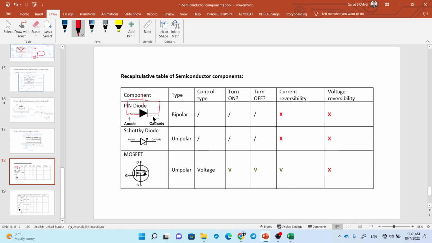Because it's just a normal conductor, assumably zero resistance. And if you supply it like this, let's say here is 5 volts, then because this blocks current, the voltage across it is also 5 volts, right? Yeah.